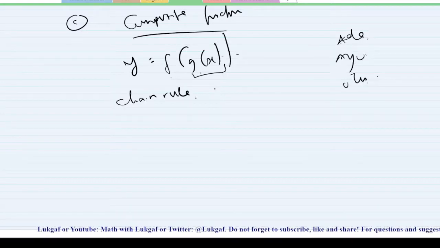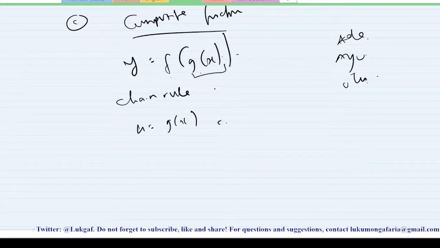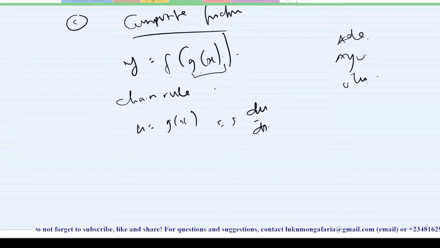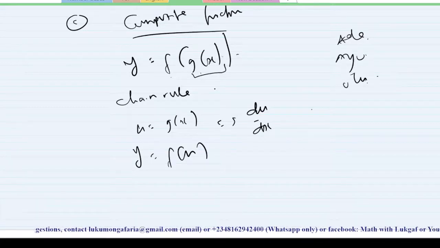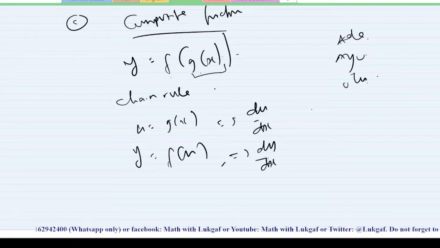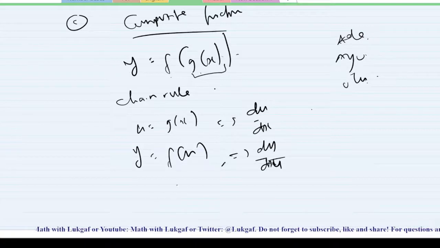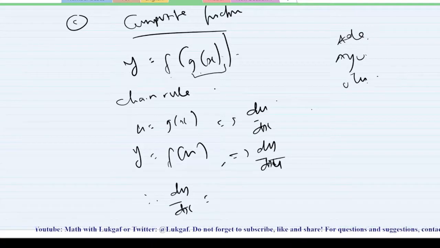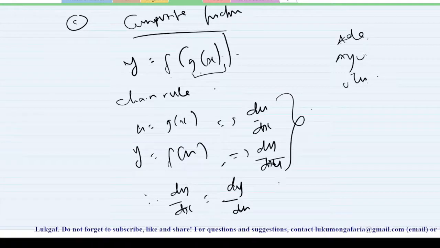How do we do that? You make u equal to g of x, then from that you can find du/dx. Then y will now be what? f of u, since you made this u. Then you find dy/du. Therefore dy/dx will be the product of the two, that is dy/du multiplied by du/dx.